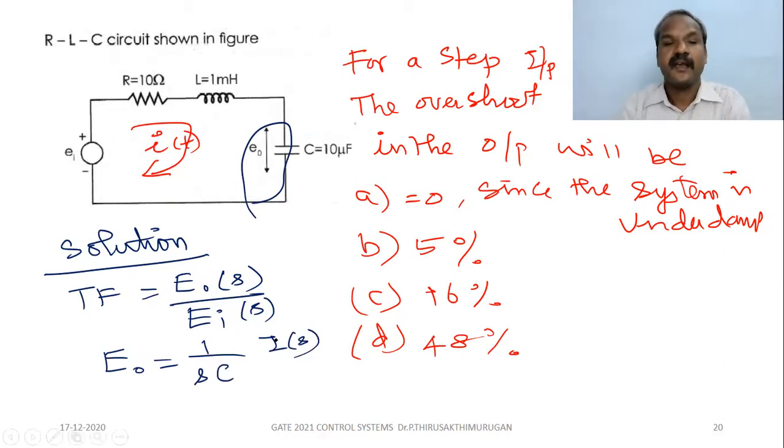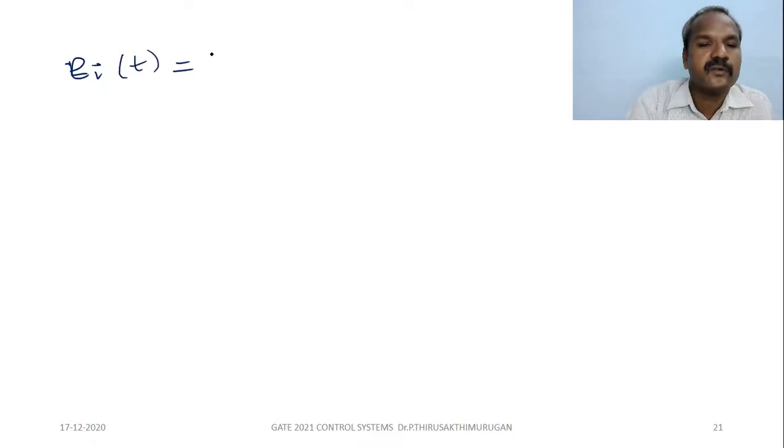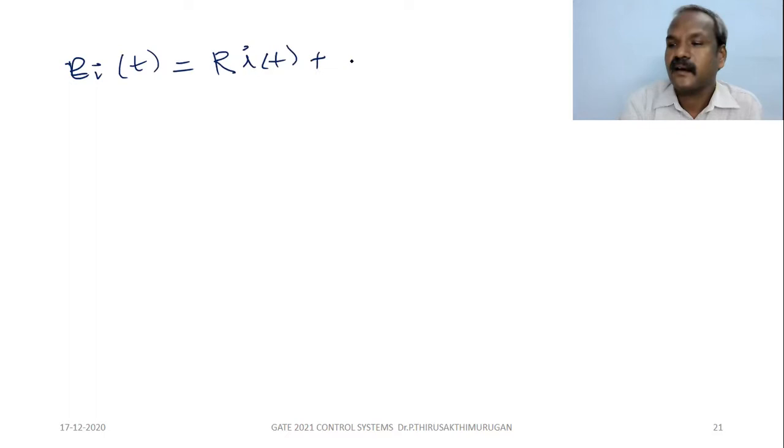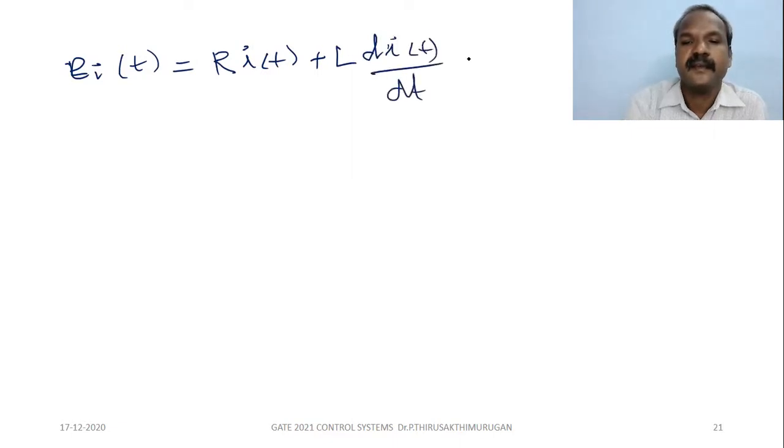What is I of S? I of S equal to, take KVL loop, apply KVL loop here. So it will be V_i of t equal to R into I of t plus L into dI of t by dt plus 1 by C integral I dt.